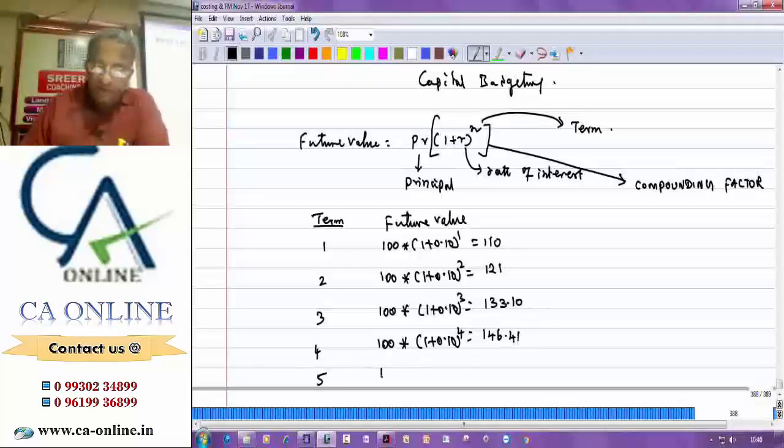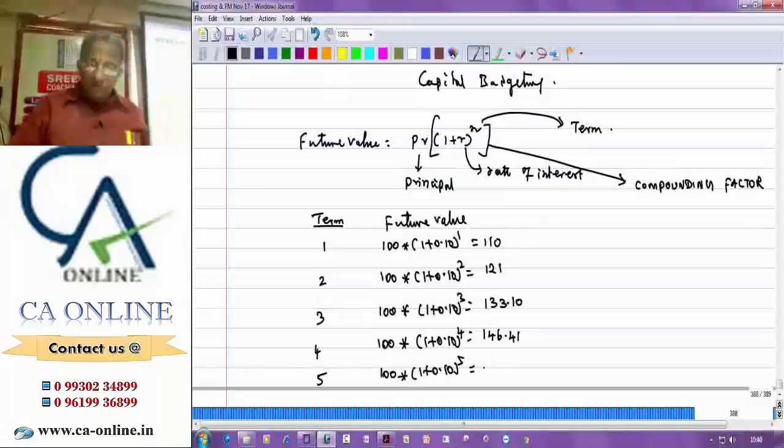For the 5th year, okay, this is question 1A. Kindly make a note. As part of capital budgeting, we are just learning our 10th class lesson. What is the 10th class lesson? Future value finding.